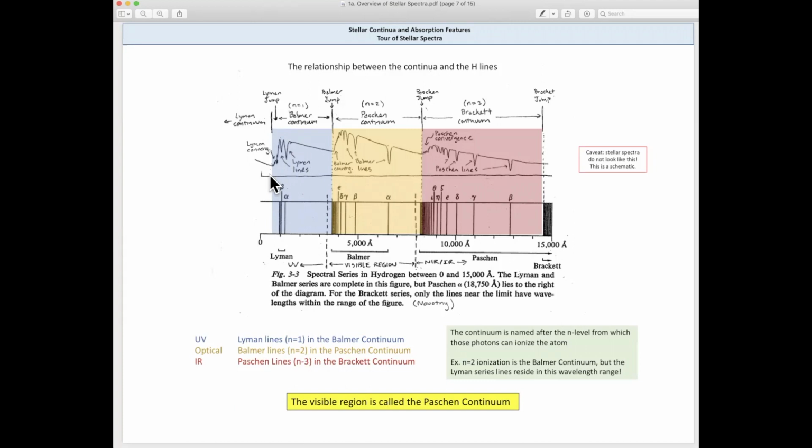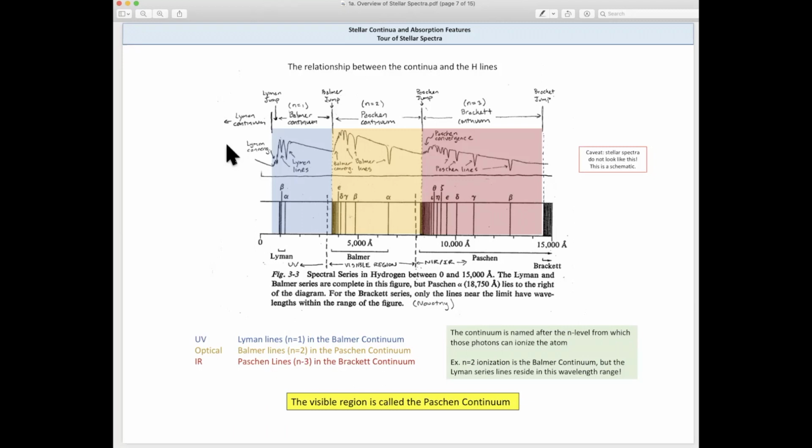Now, what happens is this area of photons that are capable of ionizing Lyman hydrogens, n equals 1 hydrogens, that's called the Lyman continuum.